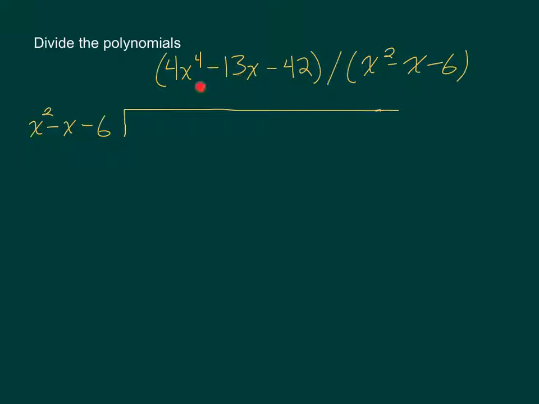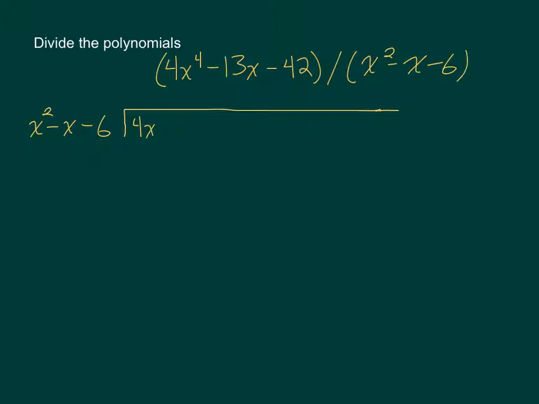However, in this example, we jump from x to the fourth all the way over to x to the first. Every power of x, from the degree all the way down to the constant, when x is raised to the 0 power, needs to be represented when we write it out in our division.